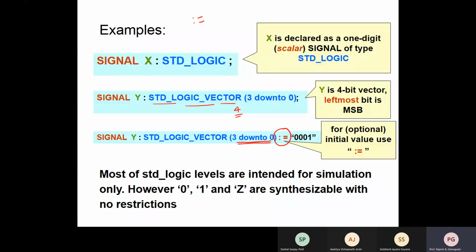By the way, what is high impedance and why is it synthesizable? What do you mean by high impedance? Why is high impedance required in the first place? Z. Why do you require high impedance state? Basic question.